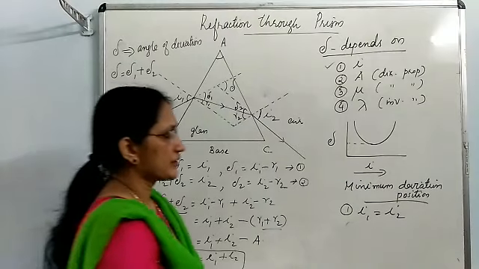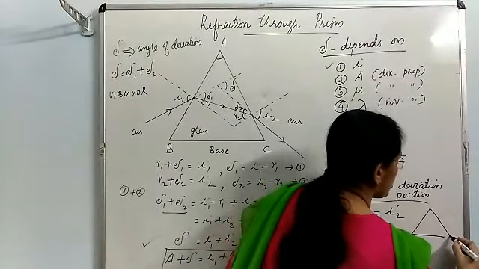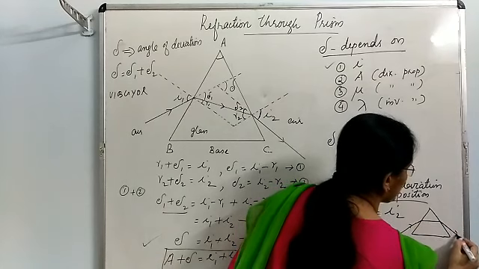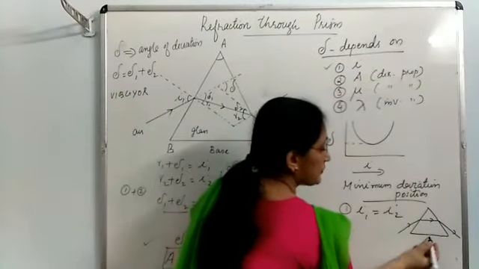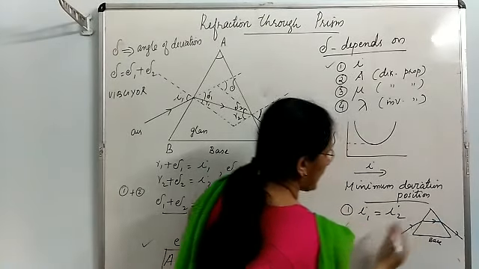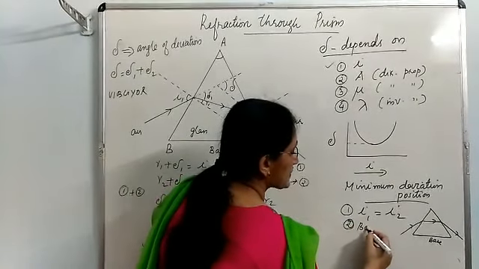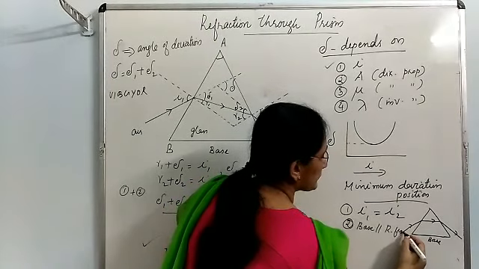Then another point: when you set the prism for minimum deviation position, the base of the prism, this is the base, and the refracted ray will be parallel. Second characteristic, the base will be parallel to the refracted ray.